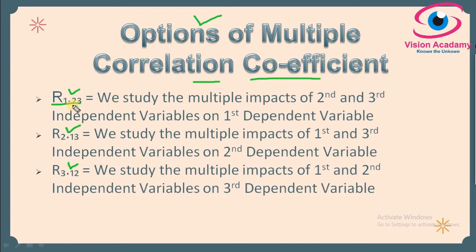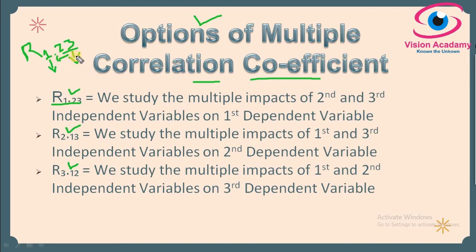There is one more thing called partial correlation. We need to differentiate between partial correlation and multiple correlation. In case of multiple correlation, we use capital R, as in R1.23. Here we consider only one dependent variable, and two independent variables are going to affect this one dependent variable.